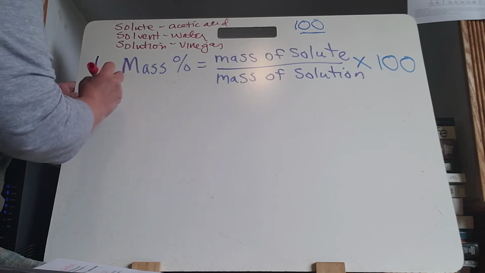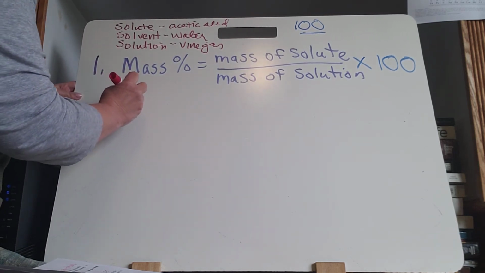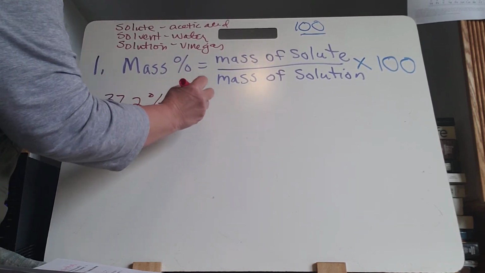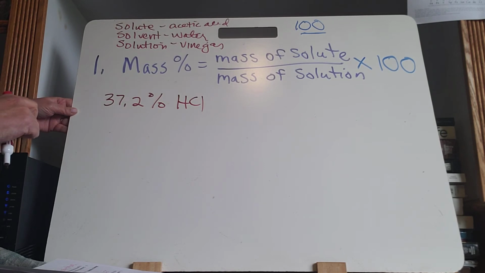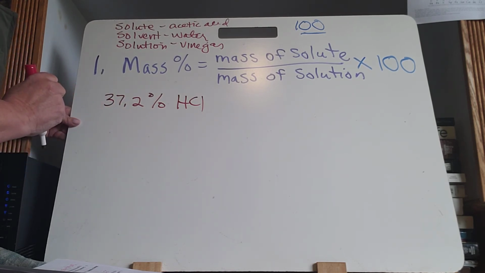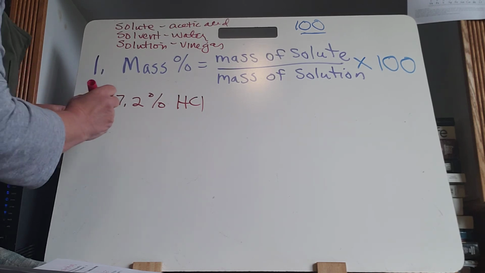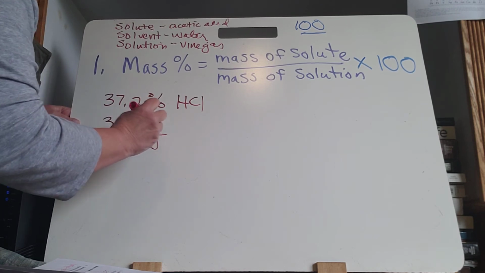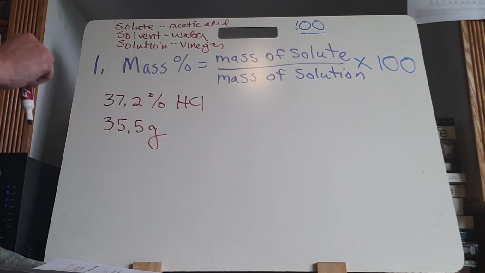We have 37.2% mass of HCl. And it asks, what is the mass of the hydrochloric acid if we have 35.5 grams of a concentrated HCl?